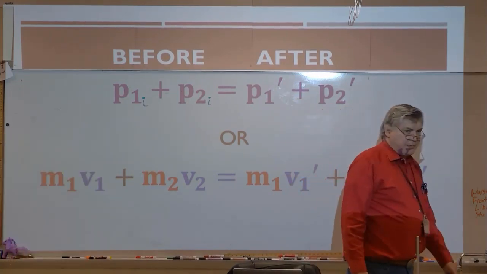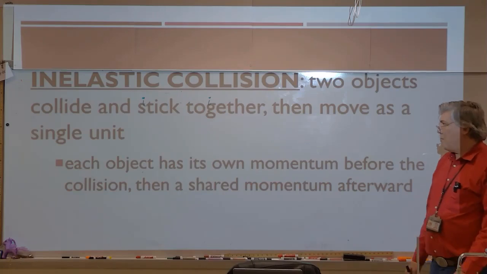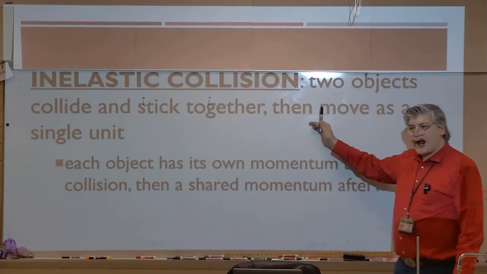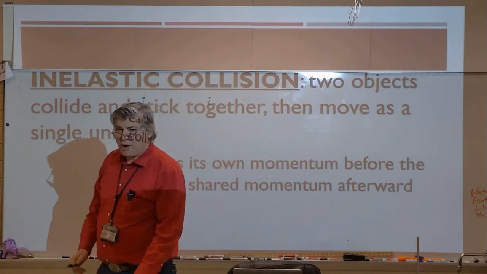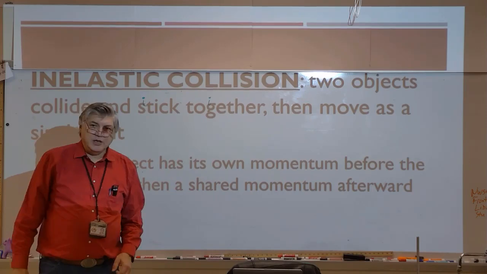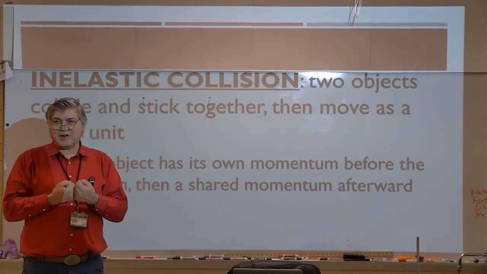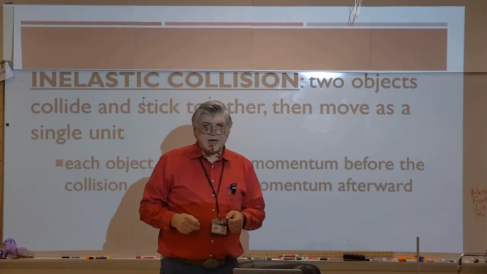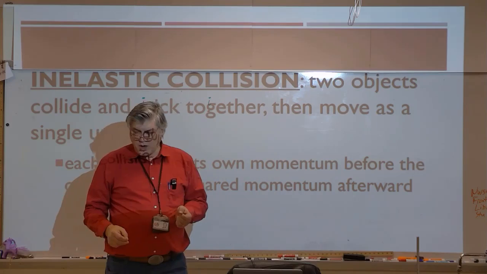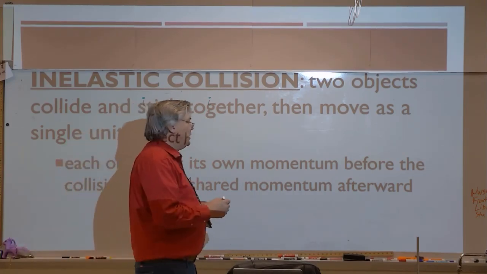The last type of collision we're going to look at is called an inelastic collision. And the best example of this perfectly inelastic collision is when two objects collide and stick to each other. There are two really classic examples of this in physics. The first one is that of the railroad car.